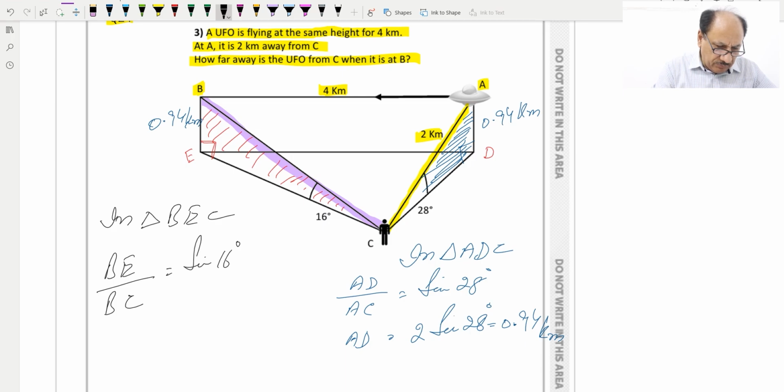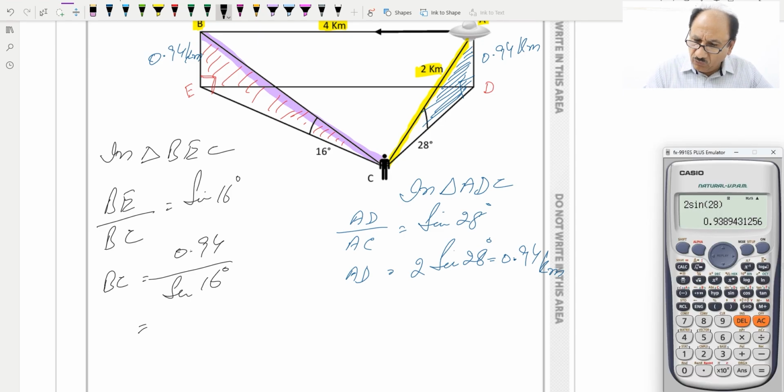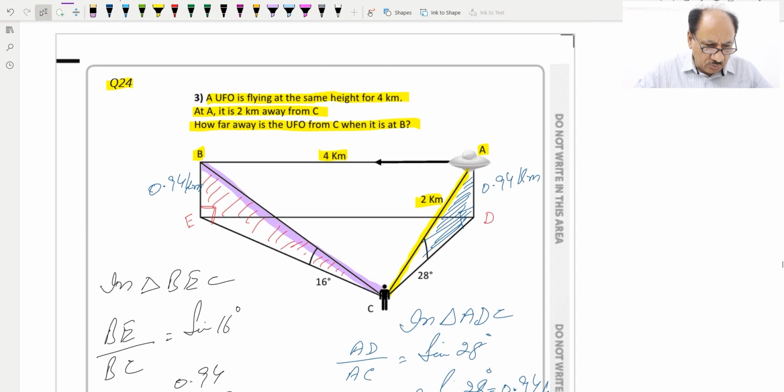So BC will be equal to 0.94 over sine of 16 degrees, and this will give us 3.4. So we'll write 3.4 kilometers. This will be our answer, which is required for BC, and we applied trigonometry twice in this question.